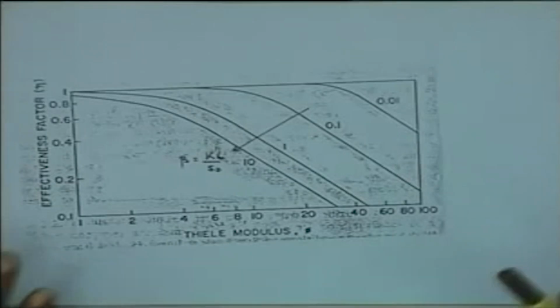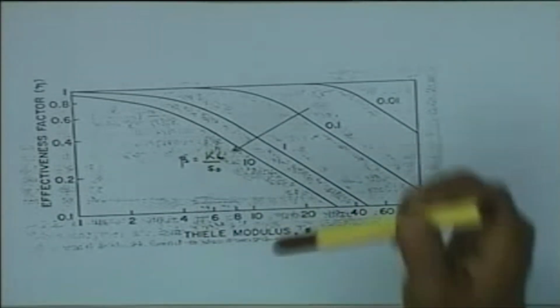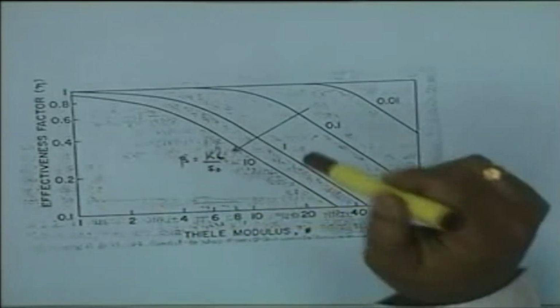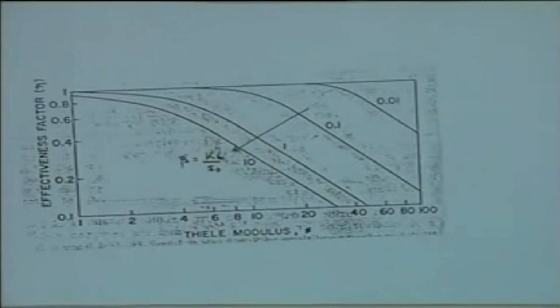Here again is another feature for which numerical solutions have been found, in the case of Michaelis-Menten kinetics, which indicates the effect of Thiele modulus on effectiveness factor as a function of beta, a dimensionless Michaelis-Menten constant, which is the ratio of K dash m upon S naught.